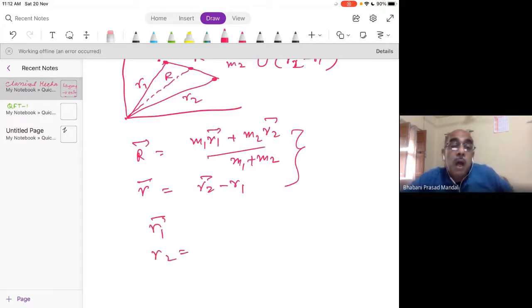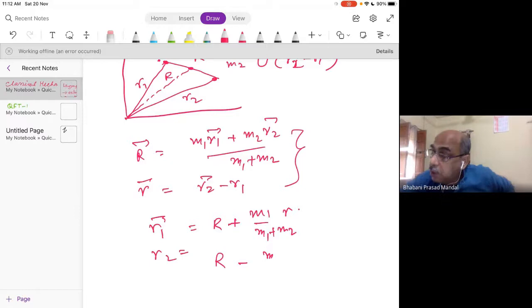For example, R1 you will get R plus M2 over (M1 plus M2) times r. Similarly, R2 will get R minus... no, I think first one will be minus. You can see because of R2 minus R1. This will be plus M1 over (M1 plus M2) of r.